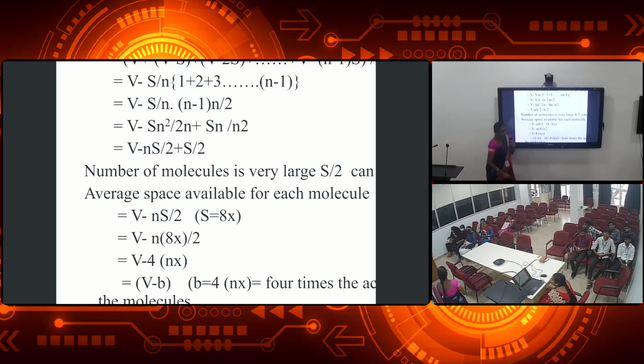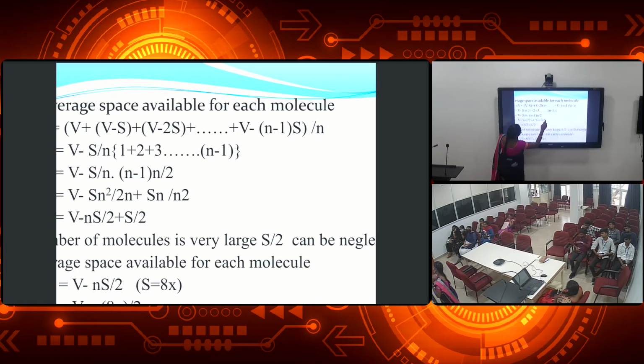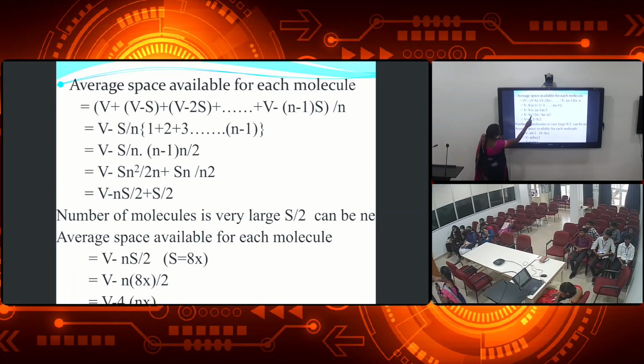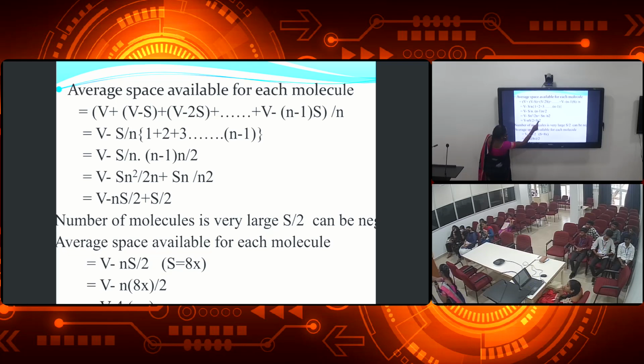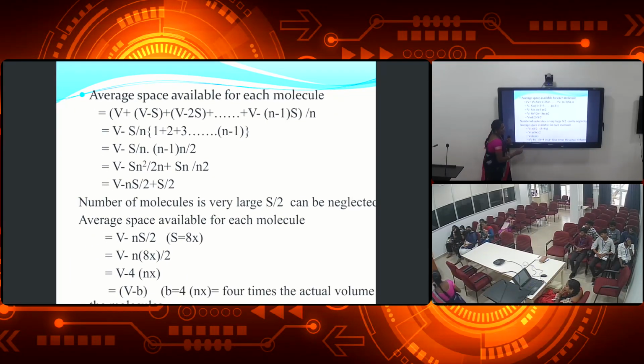Dividing this equation, n square and n are cancelled, then n is cancelled, giving V minus s n divided by 2 plus s divided by 2. The molecule size is very large compared to the sphere of influence, so we can neglect this s by 2.